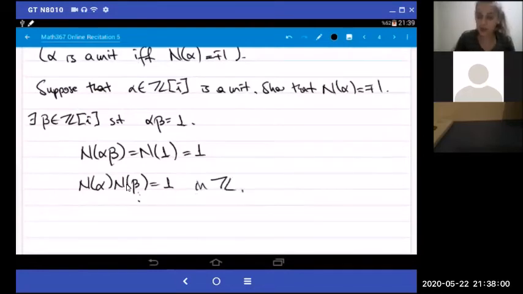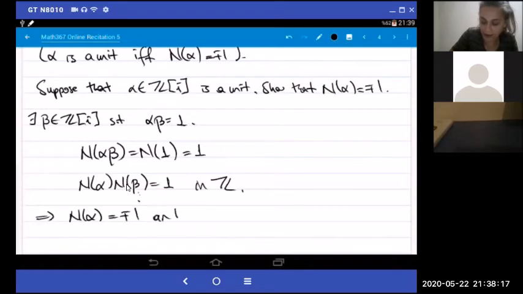So we have two integers whose product is equal to 1. This means that each of them must be equal to plus or minus 1. N of alpha is equal to plus or minus 1, and n of beta is equal to plus or minus 1.